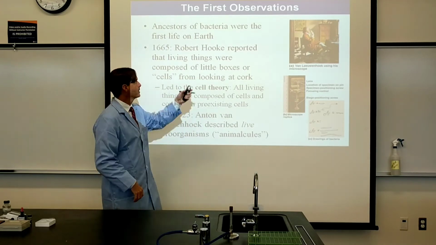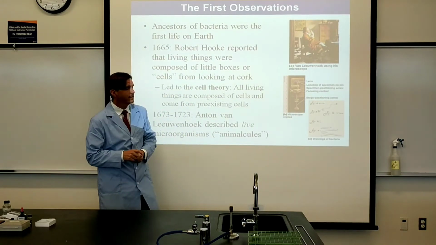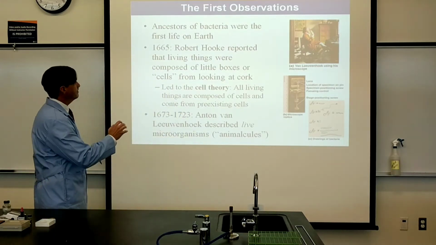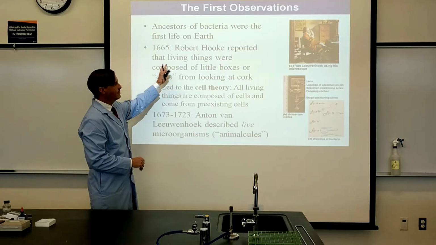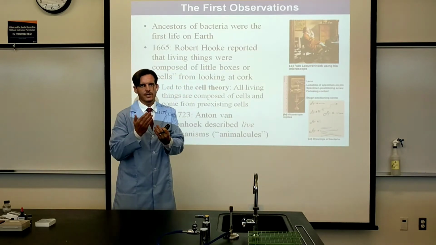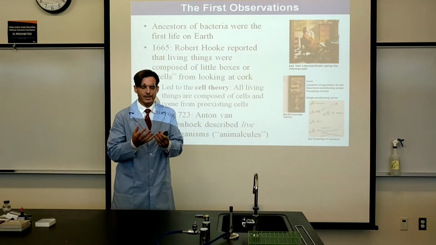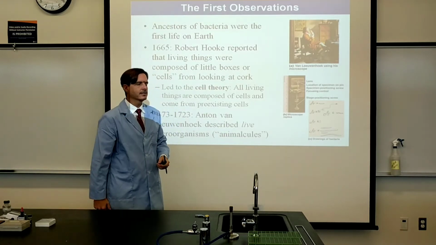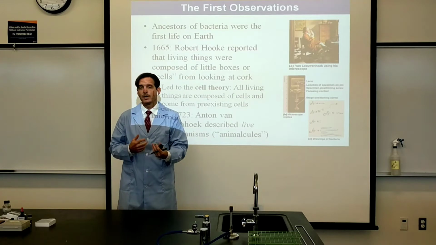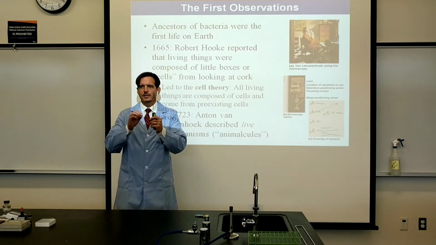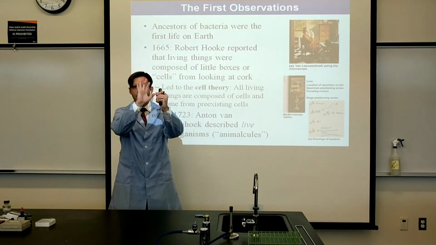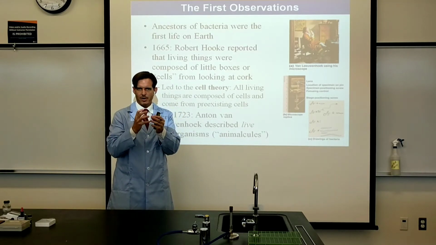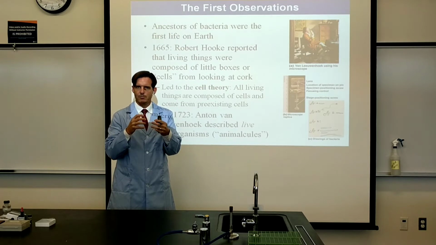We include Robert Hooke first, and Robert Hooke was reporting that with a magnifying glass, almost like a microscope, but just a really good magnifying glass, he took thin slices of cork from the bark of a tree, held it up to the light, and saw that in the cells of the bark of the tree, there were these little boxes.